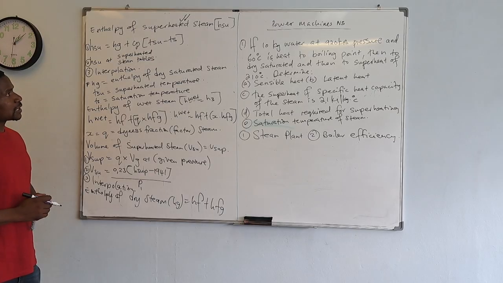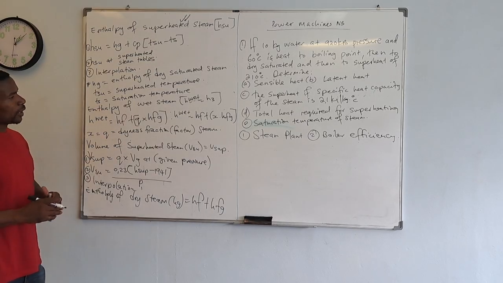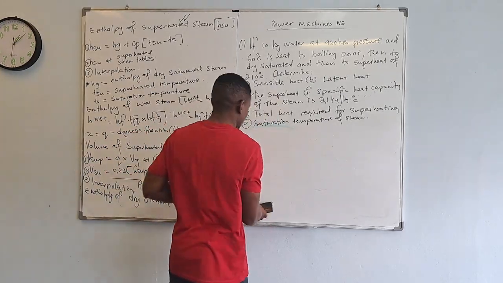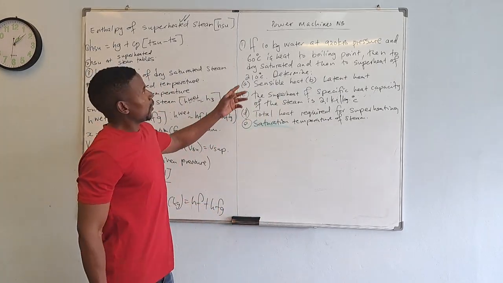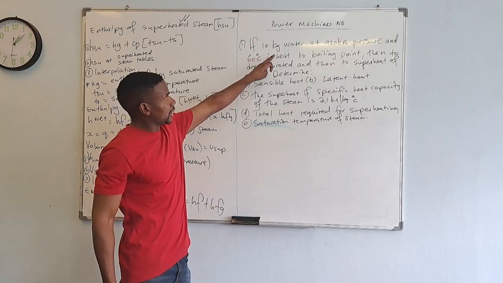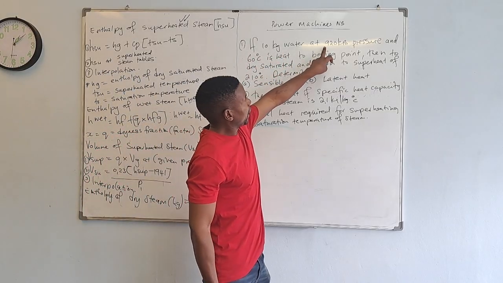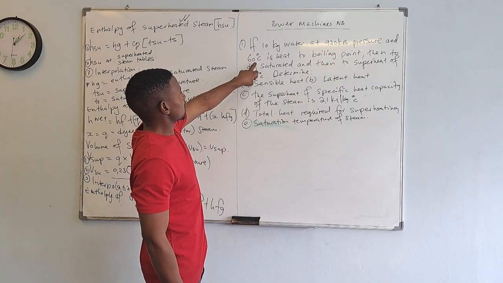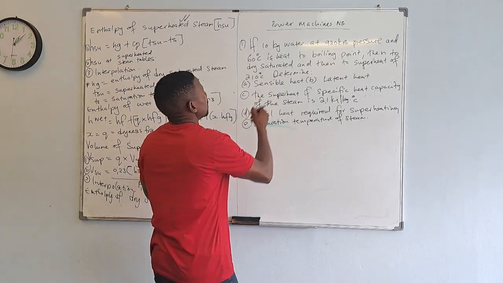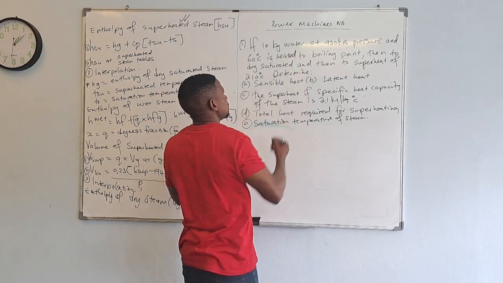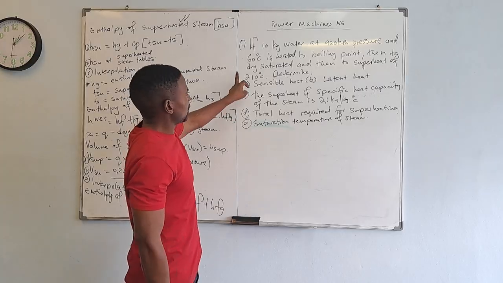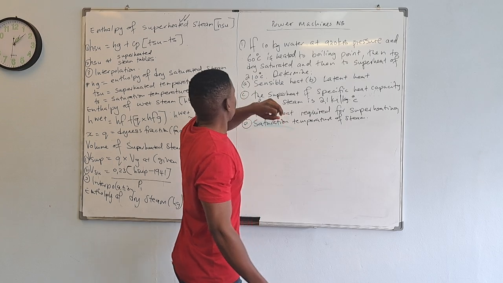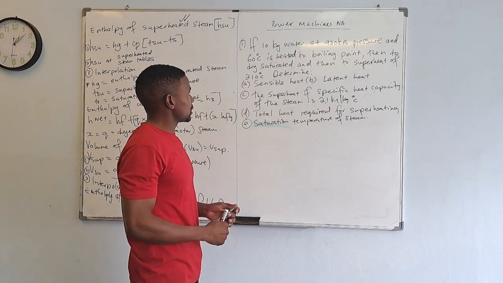Now to demonstrate whether you are following what I was saying here, let us go to this question which I have given you on this other side. We are given 10 kgs of water at 920 kilopascal pressure and 60 degrees Celsius, which is heated to boiling point, then to dry saturated, and then to superheat of 210 degrees Celsius.